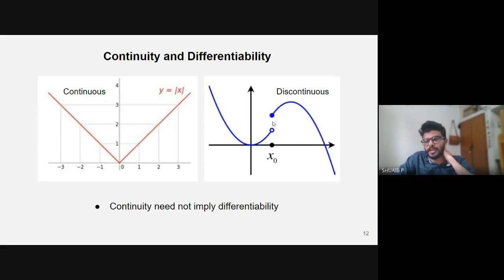So the limit of f of x as x tends to c won't be the same value, or we won't get f of c.